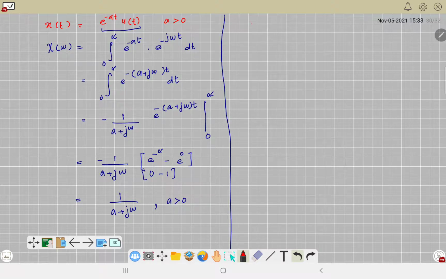Then let's take another one wherein we'll try to find out the Fourier transform of a unit impulse signal. Maybe we can use the same integral for X of omega, but the thing is that delta t is defined only for one instant of time.